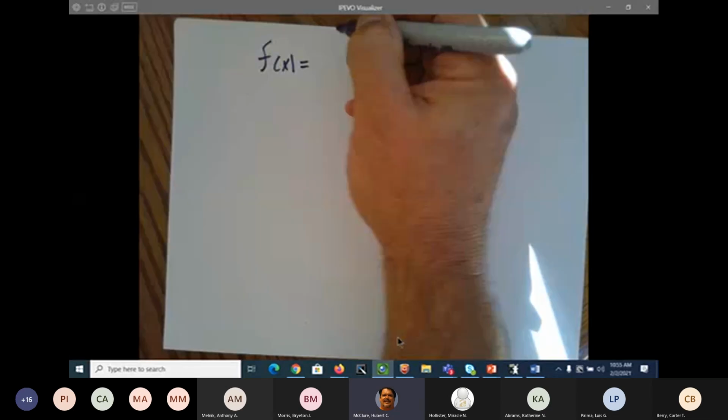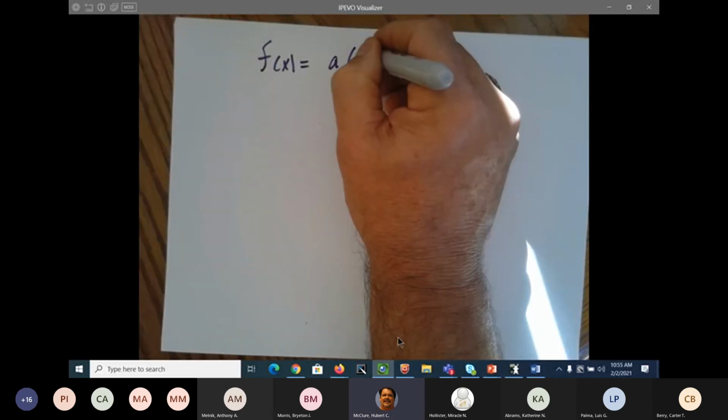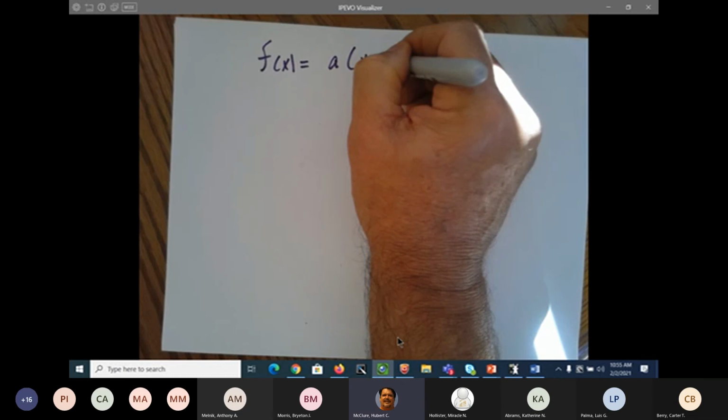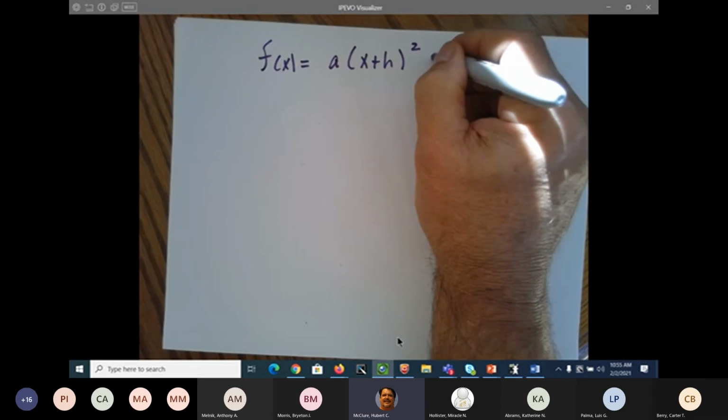All right, then let's look at a little bit of what we're talking about. We'll use a quadratic for an example. f of x is equal to a times (x plus h) quantity squared, plus k.